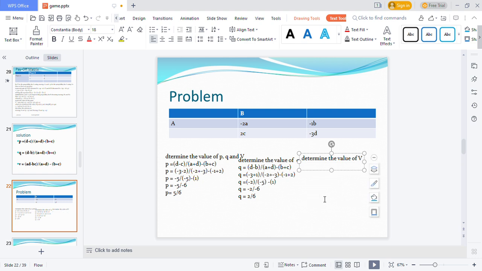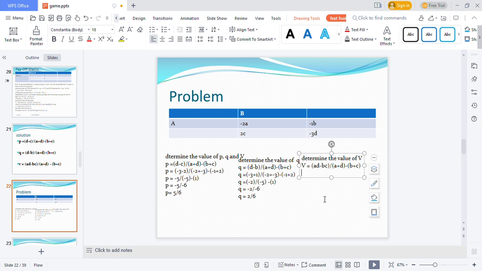V equals, so for you to get V, the formula is, open the bracket, AD minus BC, close the bracket, divide by the same, open the bracket, A plus D, close the bracket, minus, open the bracket, B plus C, close the bracket.